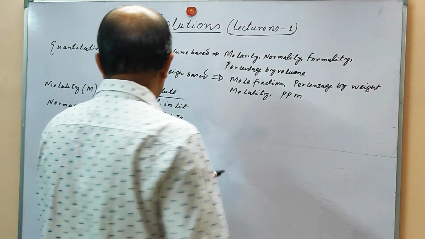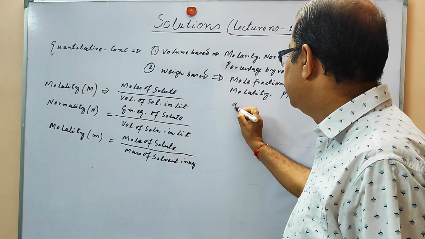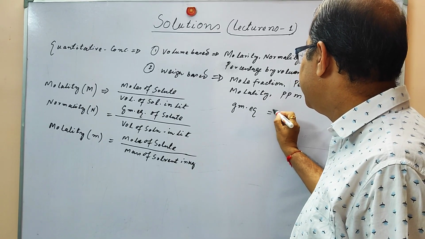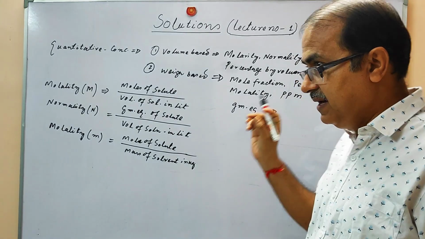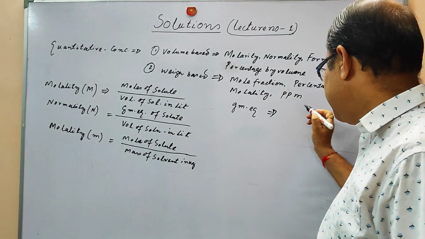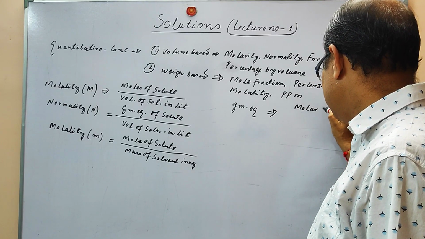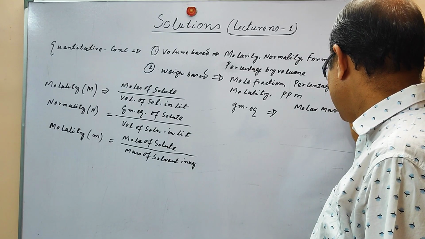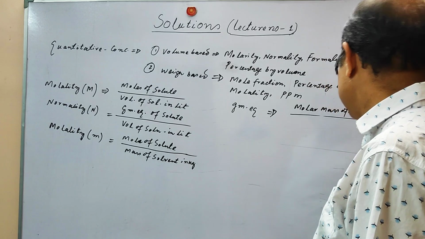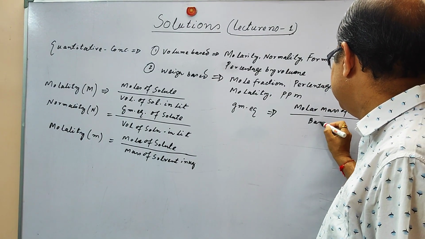Here one thing is the gram equivalent. What is gram equivalent? Let us understand. Gram equivalent is defined for acid, for base, and for salt. In case of acid, it is the molar mass of acid divided by the basicity.